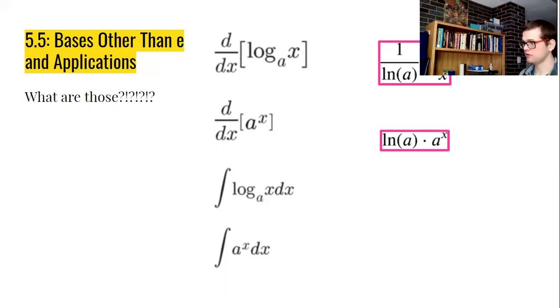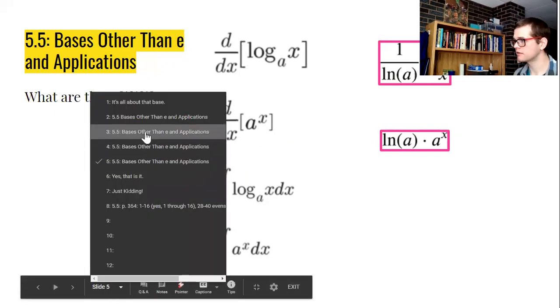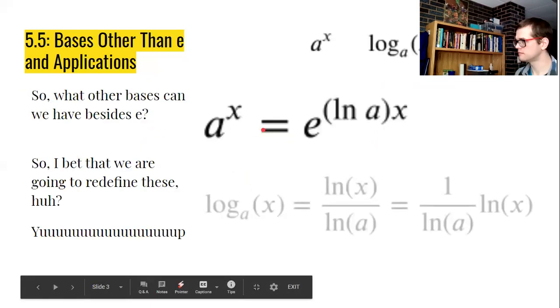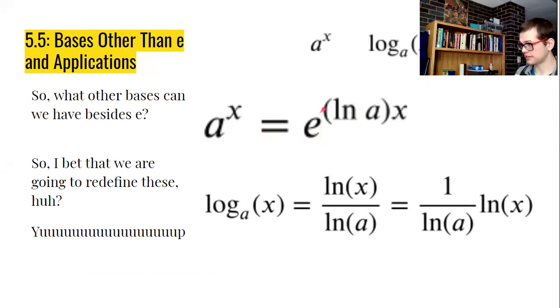Because again, we could look at it as how we had it defined earlier. Because a to the x, let's see if I can roll back right here. When I look at it like this, the derivative of e to the natural log of a times x is going to be e to the natural log of a times x, times the derivative of this exponent, which is just natural log of a.